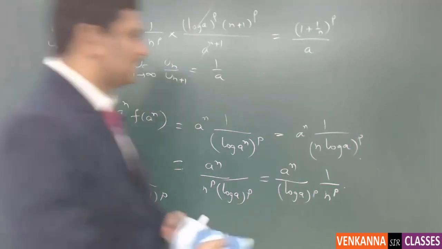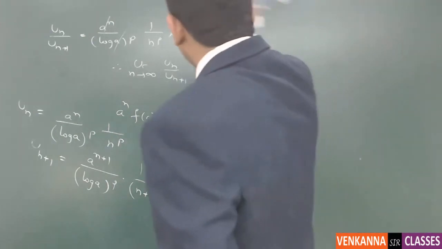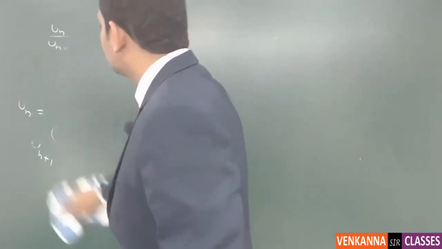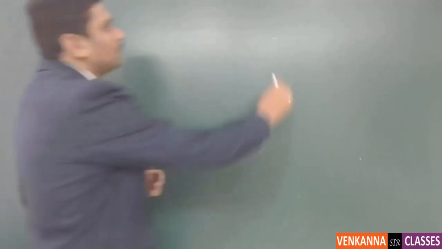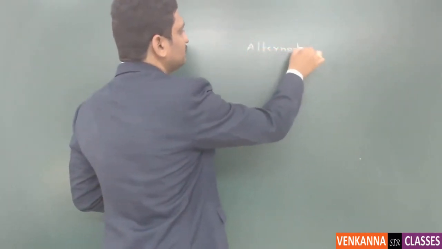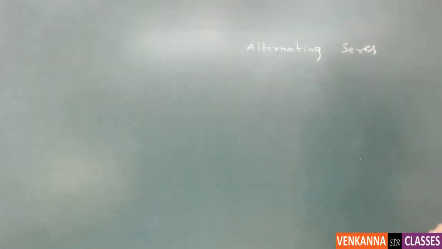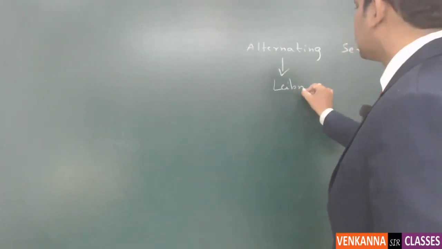So let us start our today's session. This session will complete the concept of infinite series. In the next session, we are going to discuss limits and continuity, which will be somewhat interesting for you. The objective of today's session is the alternating series, in which case we consider one test called the Leibniz test.